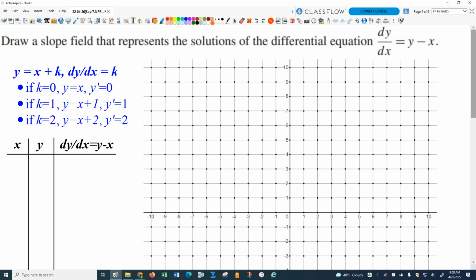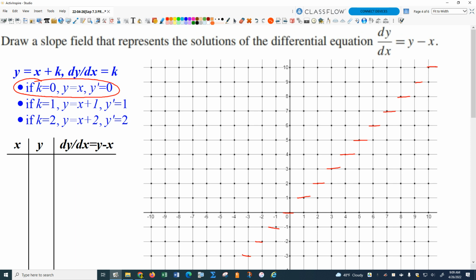It just looks like a constant then, right? If k is 0, we get the line y equals x. And so every place along the line y equals x, those are the places where we're going to get horizontal tangents.